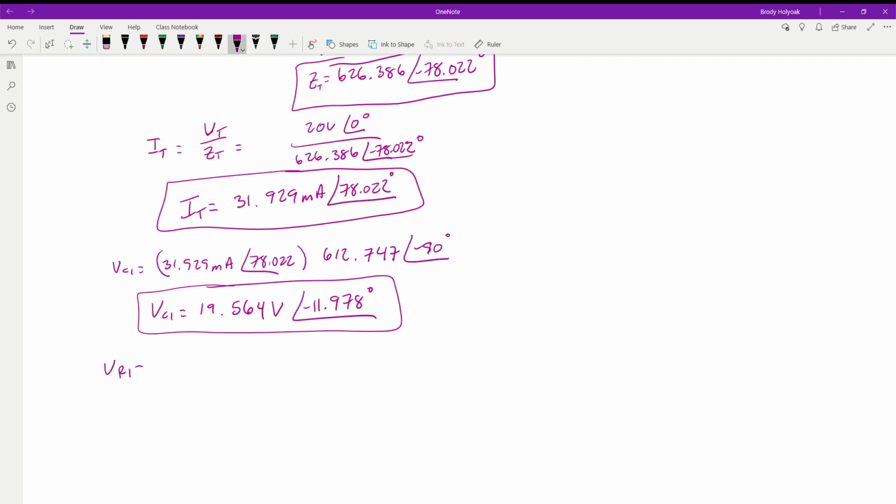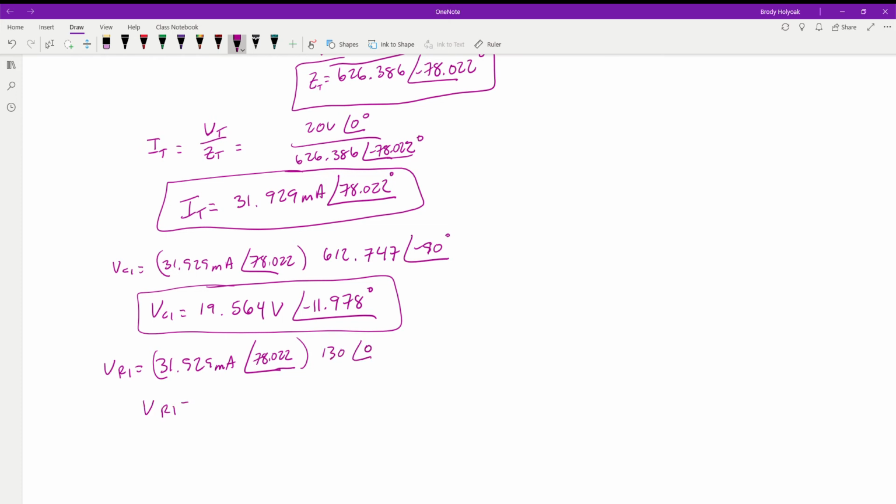Voltage of resistor 1 is equal to the current through it, which is 31.929 milliamps at 78.022, multiplied by 130 at 0.